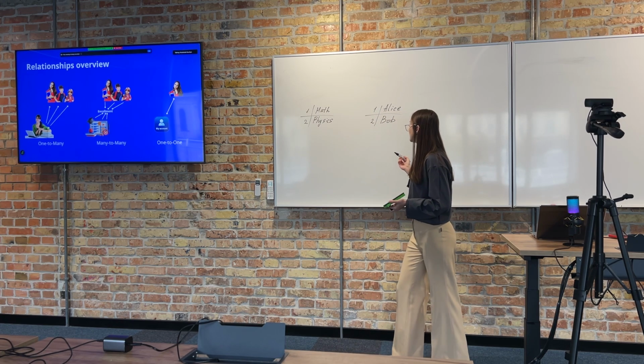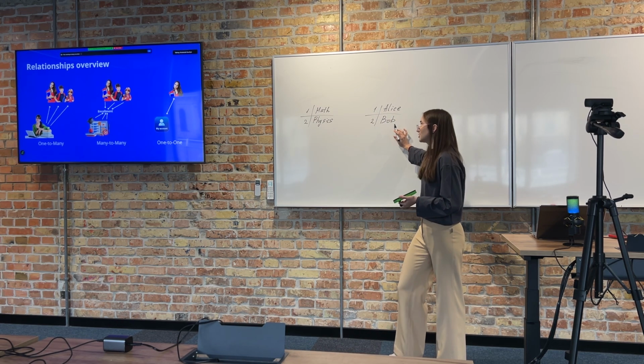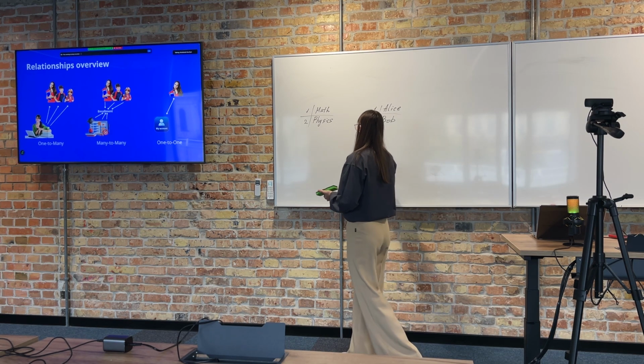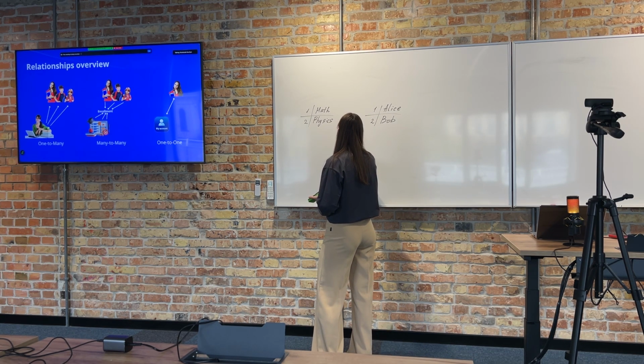Both Alice and Rob can go to math and physics. So that is why you need a table that will have rows like student ID, student.